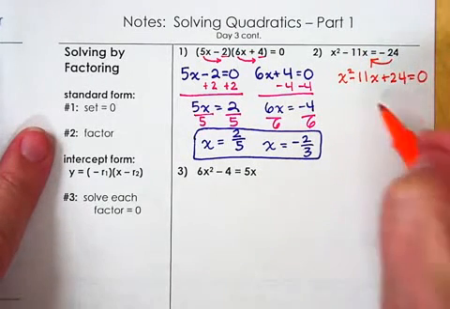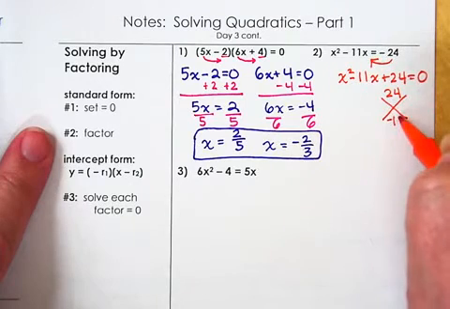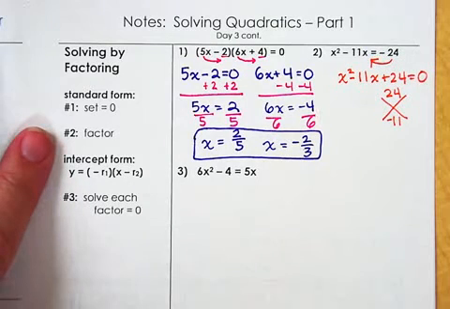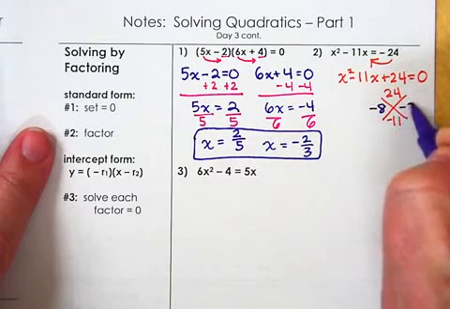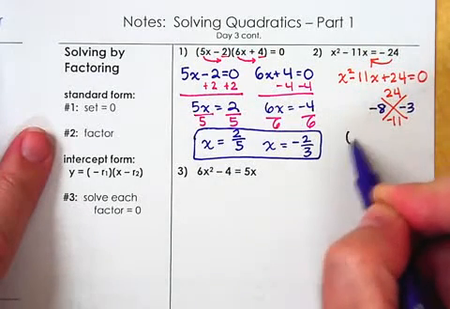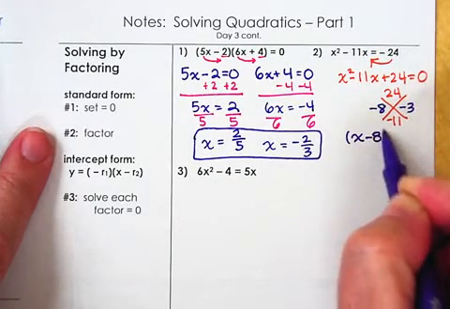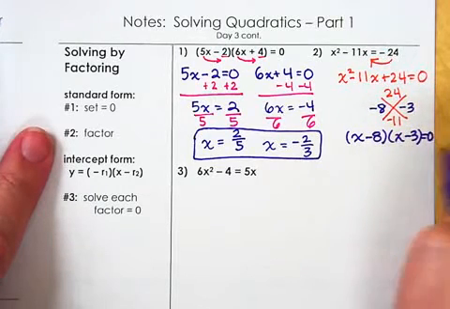What I'm doing in my head is finding the factors that multiply to 24 and add to negative 11, going through my list of numbers, and I believe we have negative 8 and negative 3: 8, 9, 10, 11, perfect. So my factors are x minus 8 and x minus 3, and then we show that equals 0.